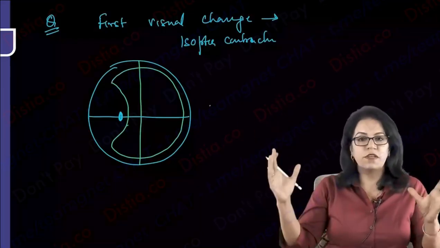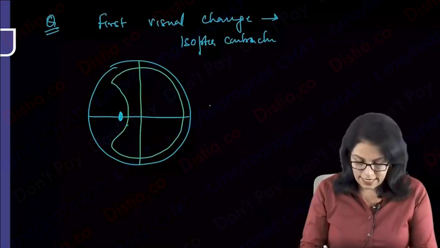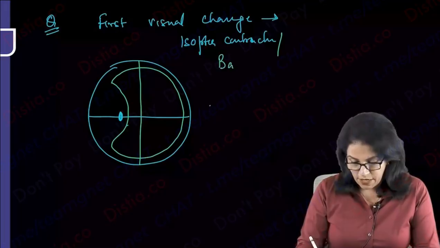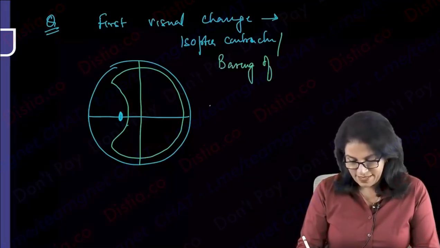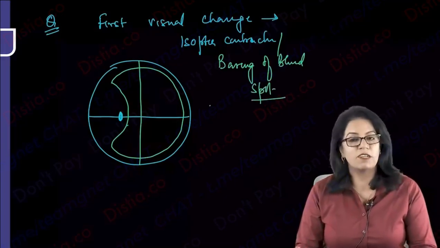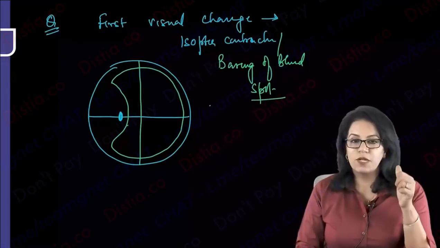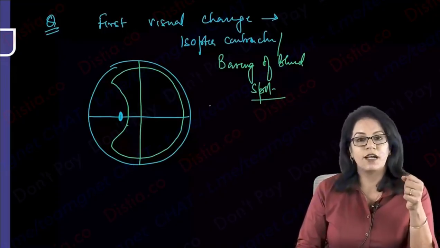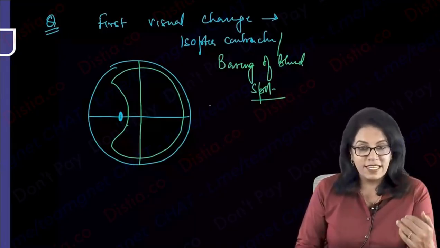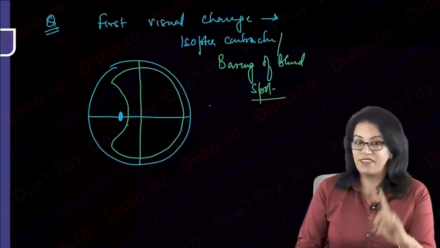So the extent of the visual field, the isopter, is contracted but not involving the blind spot. Hence it is also called baring of blind spot. So we will not go too much into details. Apart from this, the 2-3 points I told you: usual conditions are not there to chart for the perimetry. You can consider it as a first visual field change but not a first visual field defect.